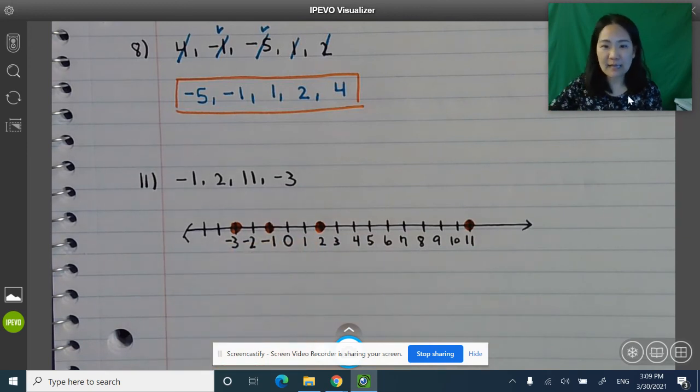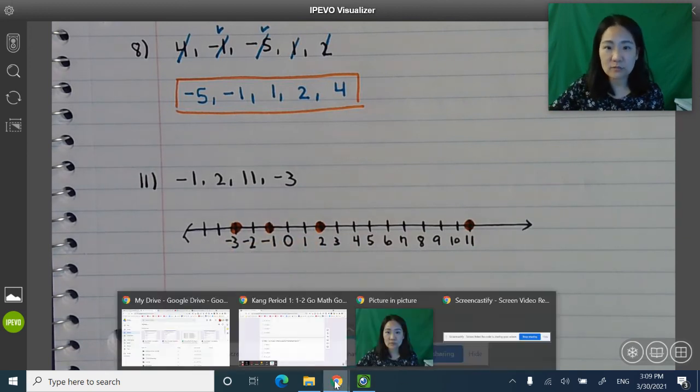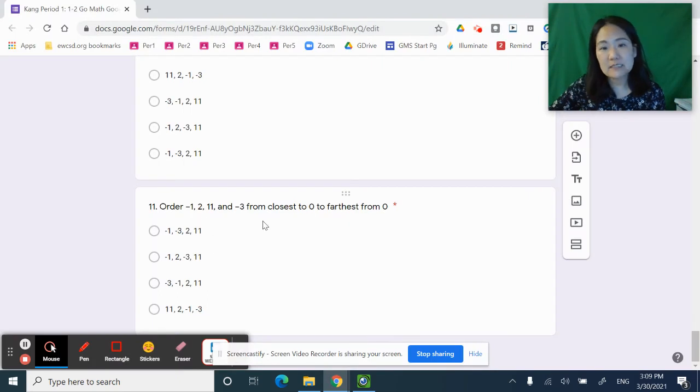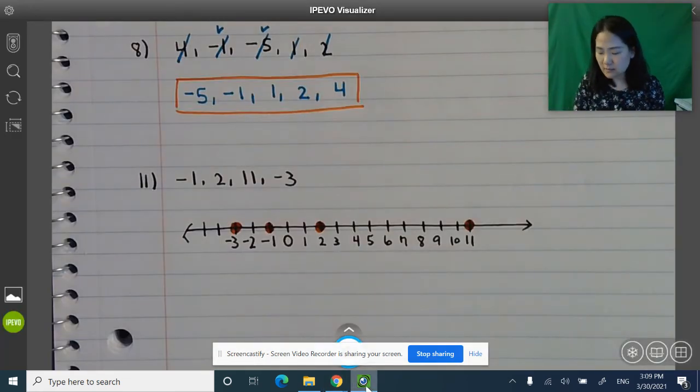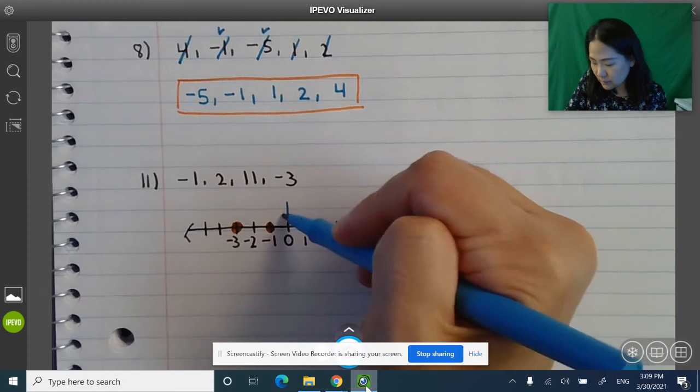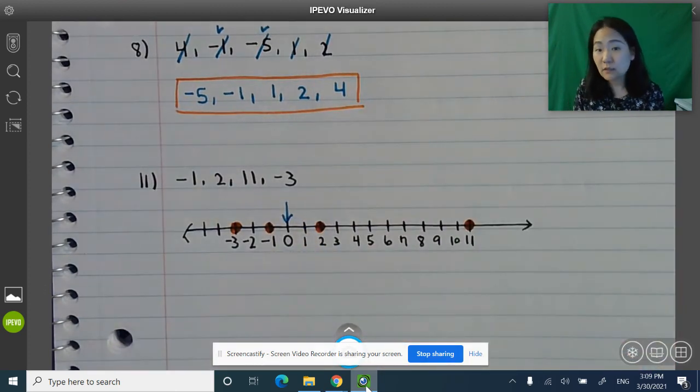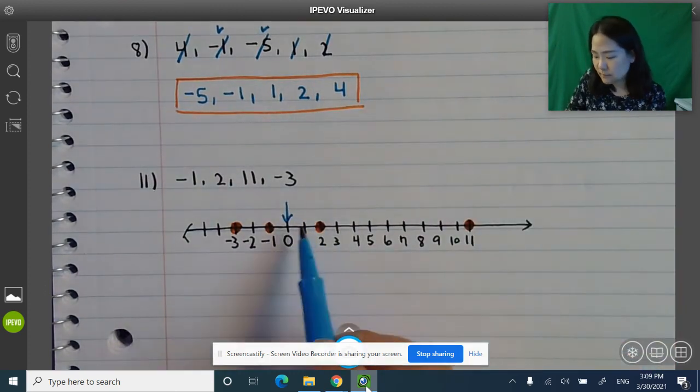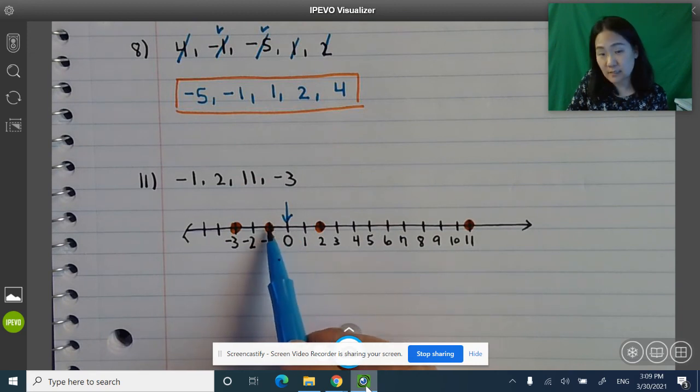Okay, but what they're asking for you to find, let's actually go back, is what is the closest to 0 to what is the farthest from 0. Okay, so here is 0. Which integer is closest to 0?